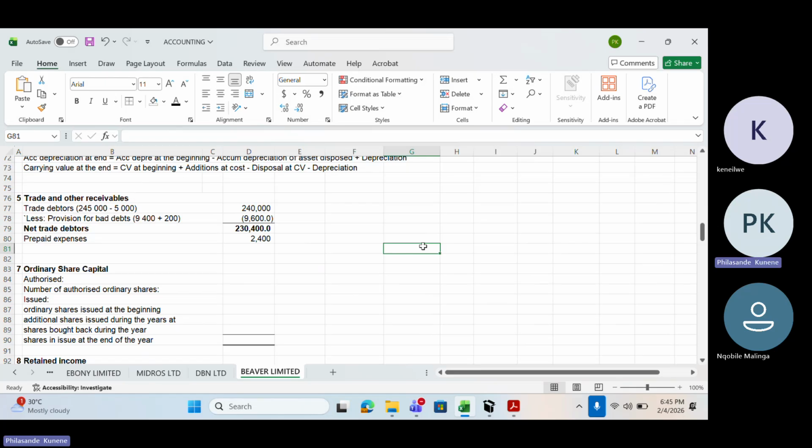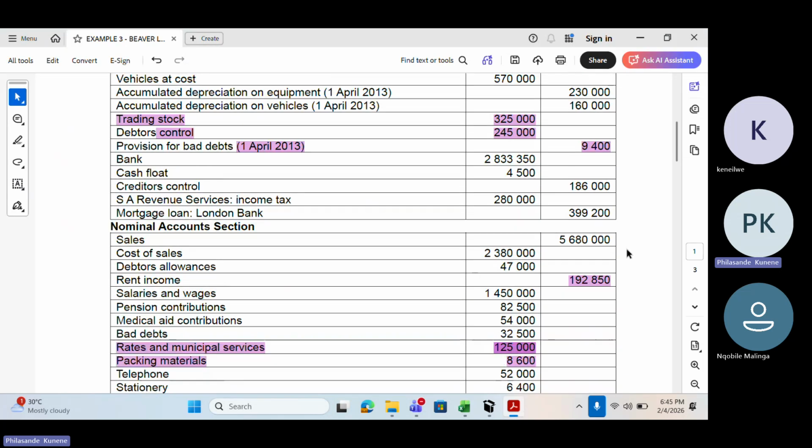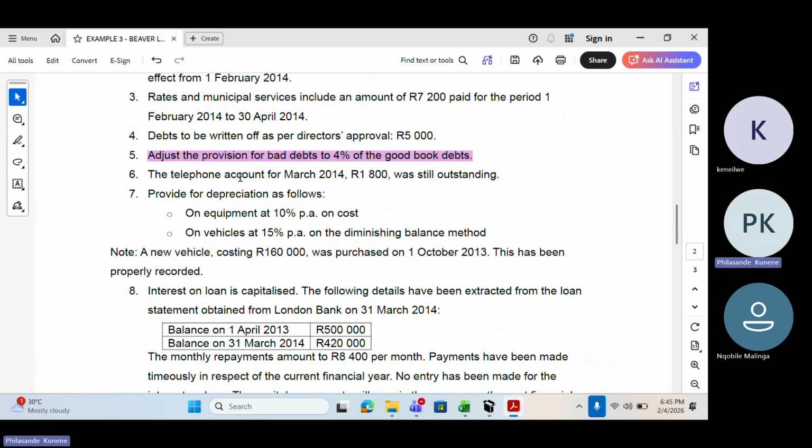This is how my note looks like so far, my note for trade and other receivables. Which means now after doing this, I'm done with my transaction number 4 and 5. Now I'm going to transaction number 6.